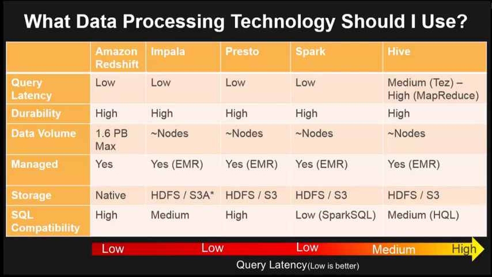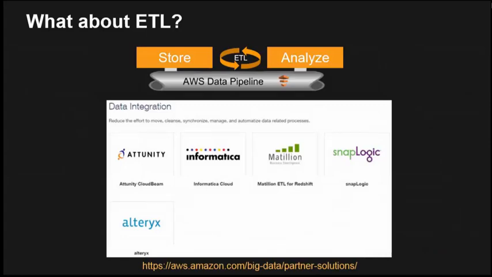A lot of customers use Impala as well, especially if they're coming from a Cloudera background. And then Spark is getting more and more popular for doing interactive analytics as well. Hive classically is used for batch processing. And again, I want to leave that comparison for you for future reference as well.